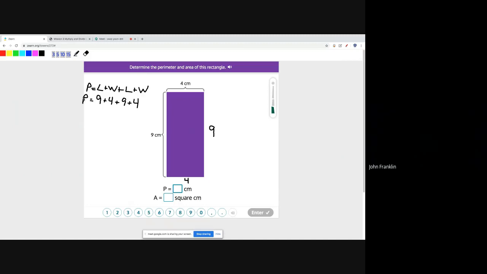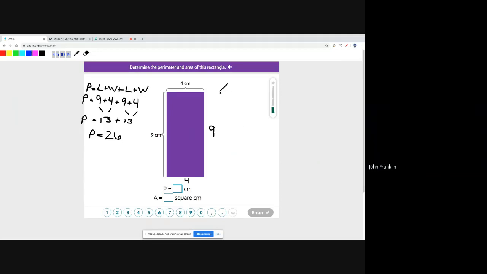9 plus 4 plus 9 plus 4 equals perimeter. 9 plus 4 is 13. 9 plus 4 is 13. 13 plus 13 is 26. So that should be our perimeter.